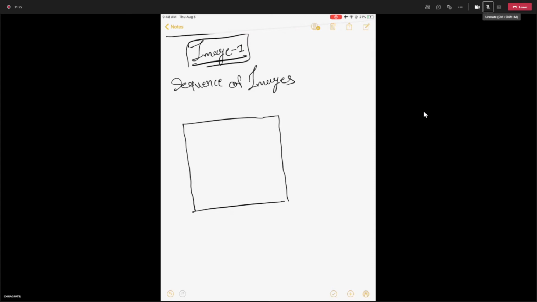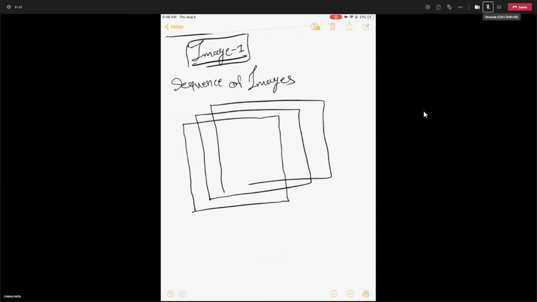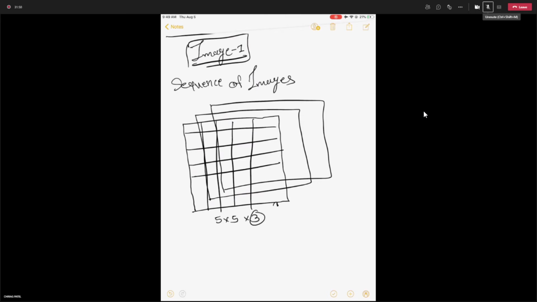Please correlate this thing. Please understand this properly. This is 2, this is 3. Each and every image is having 5 cross 5. So this has been 5 cross 5 cross 3. This is first, this is second, and this is third. That's why I had given this thing as a 3.